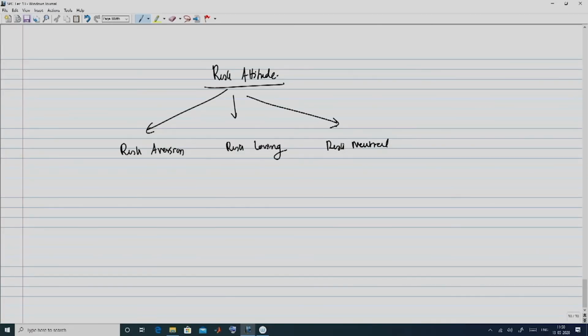Subsequently, we will see this concept of risk attitude in the paradigm of utility functions, and we will look at the case of risk aversion, risk loving and risk neutral.